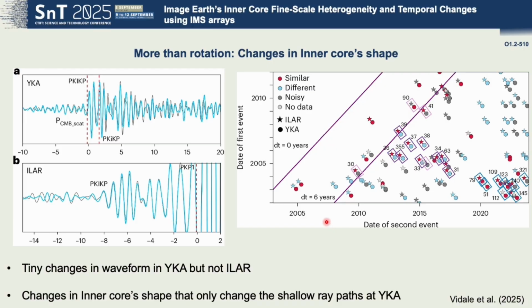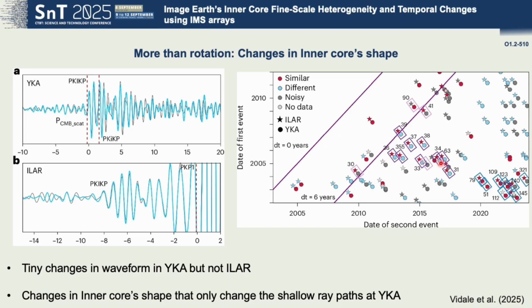Even more, we find evidence for non-rotational changes. As the waveforms show here on the left, some doublets after 2004 saw tiny waveform changes at array YKA, but not at ILA.